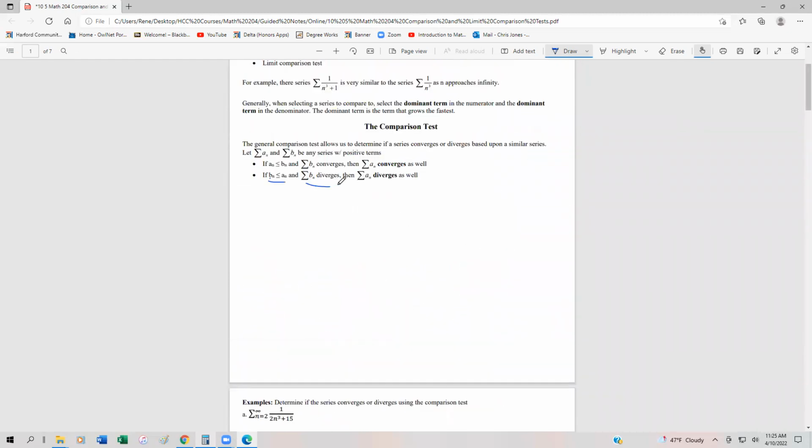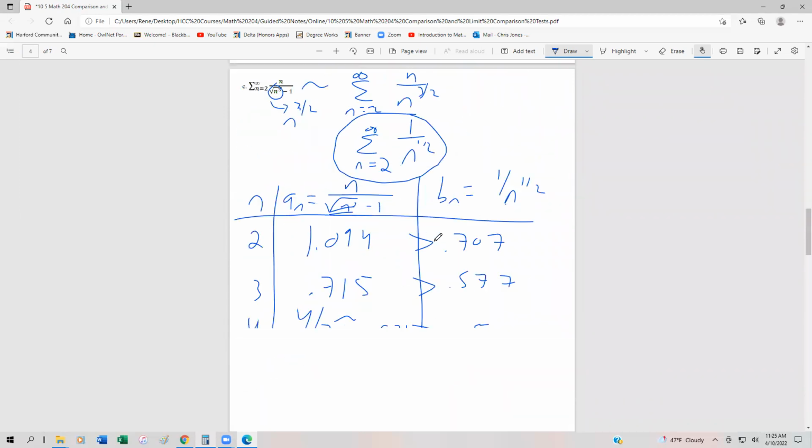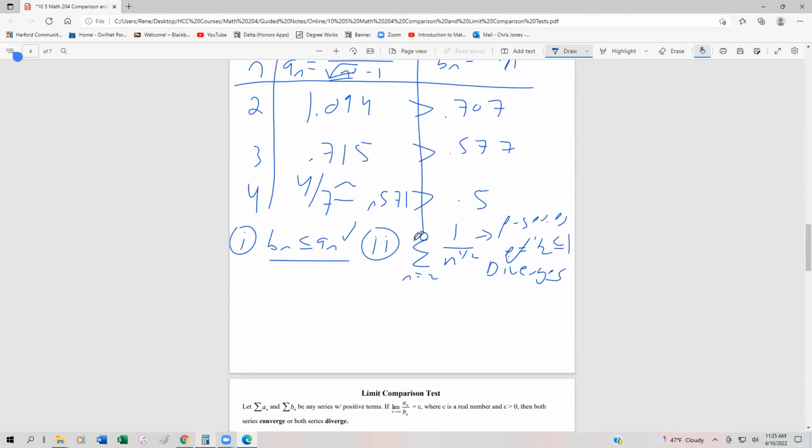And b sub n diverges, check. So that checks out. That means the original series, n equals 2 to infinity of n over the square root of n cubed minus 1, diverges by our comparison test.